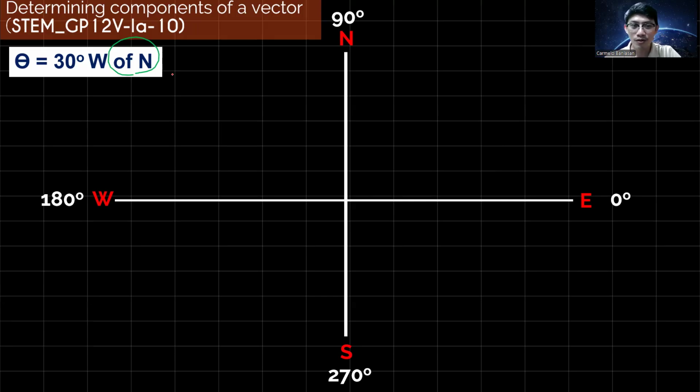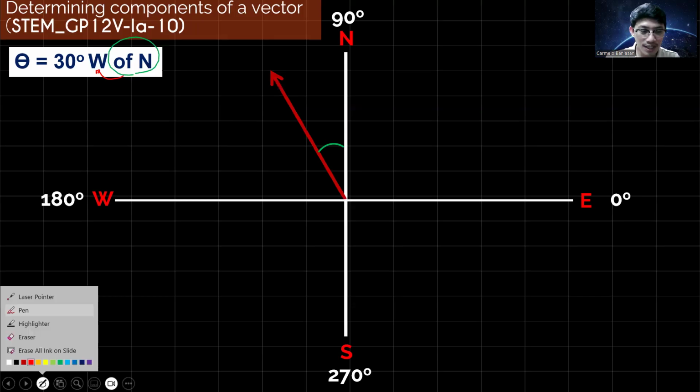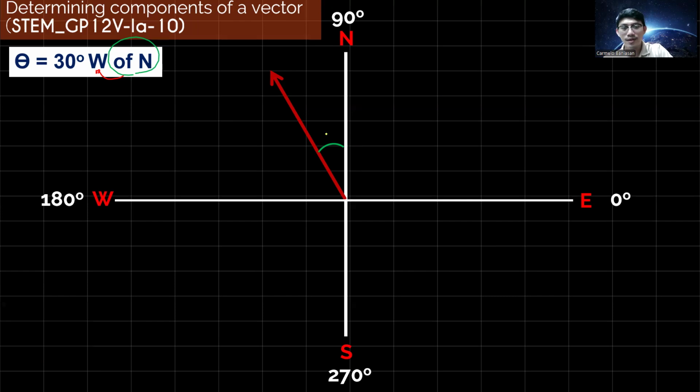So from north, going to west, and that is 30 degrees. So let's assume this is the 30 degrees from north going to the west. This is our 30 degrees west of north.